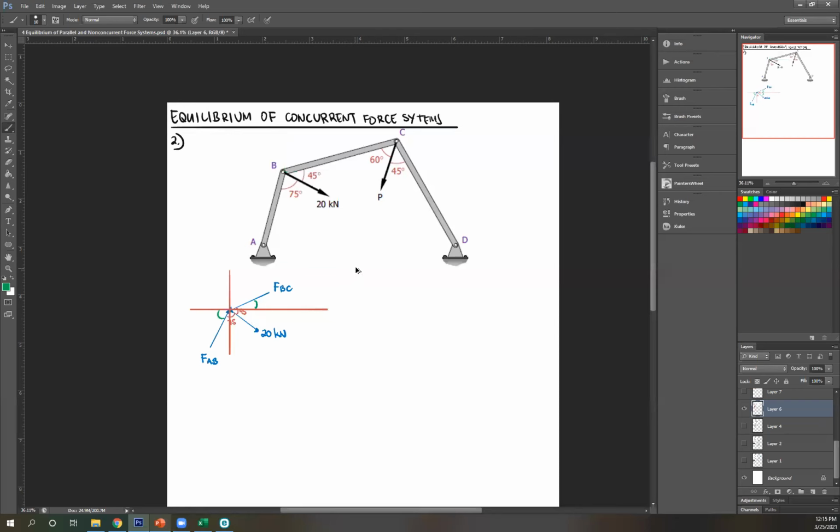So what I'm gonna do is, I'm gonna use one of my forces as the axis. For this case, I'm gonna choose FBC as my horizontal axis. Okay, let's do that. And so again, this is my x-axis.